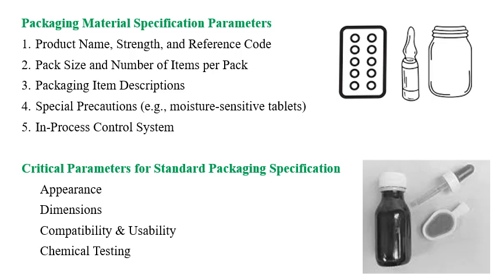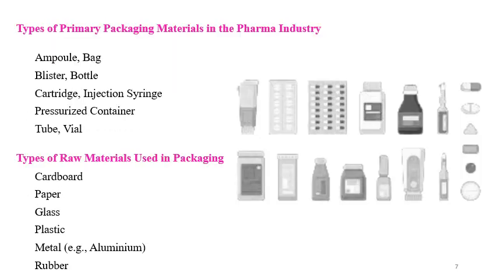Critical parameters for standard packaging specification are appearance, dimensions, compatibility and usability, and chemical testing. So all these are based on the vendor specifications and the user requirements, and also based on stability testing and in-use studies.